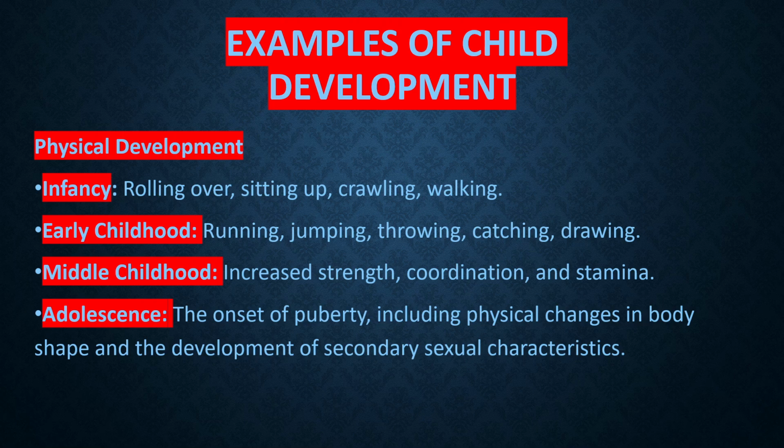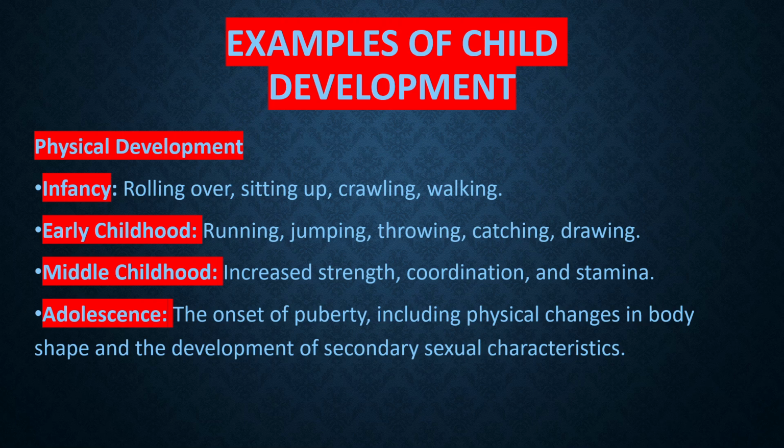The child enters puberty where they start developing physical changes in the body, right? You can see the physical changes in the body of the child who is a teenager, starting from about the age of 11 in girls and about the age of 13 in boys. You can see the start of puberty, right?